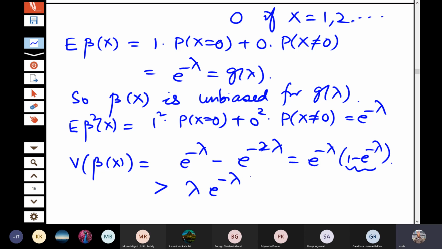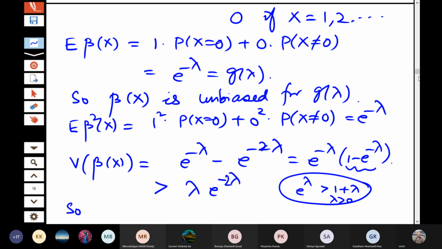Sorry, this is e to the power minus 2 lambda, not this one. Basically, this is equivalent to e to the power lambda greater than 1 plus lambda. You know, it is always true for lambda positive.